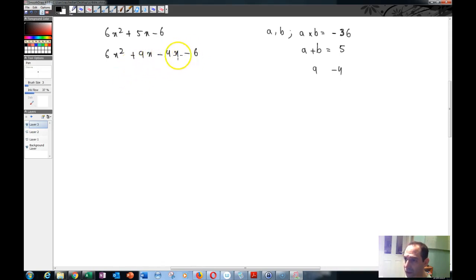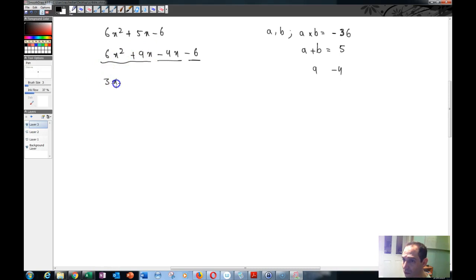And then you can take these two together. Take a 6 out, for example, x squared minus 1. Take these two together. No, that's not possible. You can take the 6x squared and 9x together, and the negative 4x and negative 6 together.